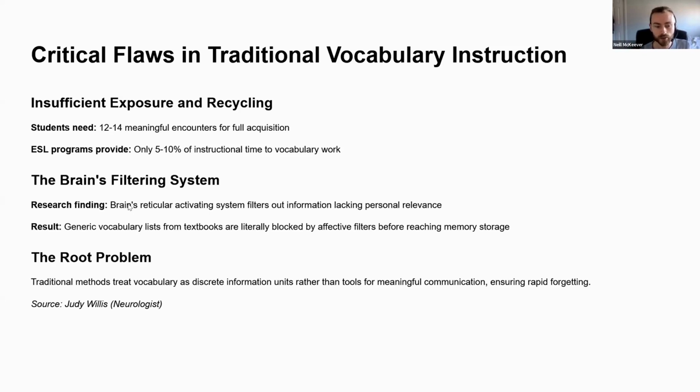Another thing is the brain's filtering system. This is really important because if the vocabulary doesn't have any meaning or personal relevance, if the students can't connect to it, then they're not going to remember it. How often do you remember things that aren't meaningful for you?